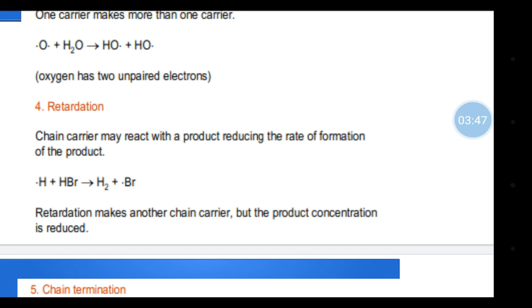In this step, the product molecule HBr is used up. Clear? And this leads to a reduction in the rate of formation. This retardation makes another chain carrier, but the product concentration is reduced.